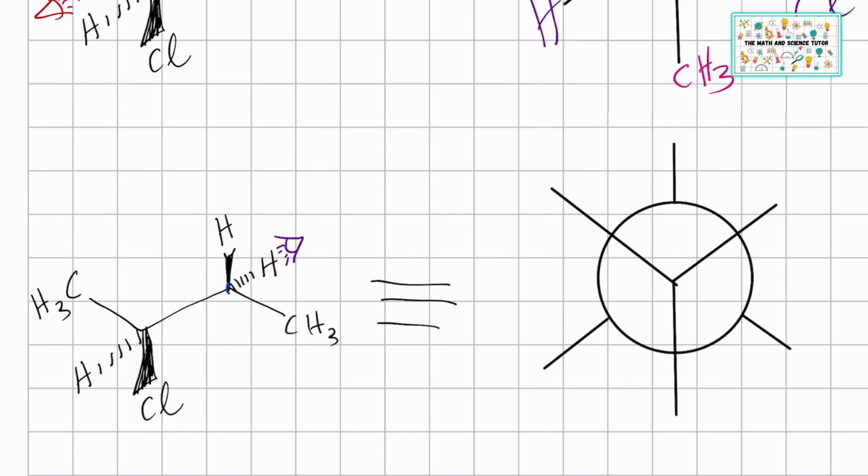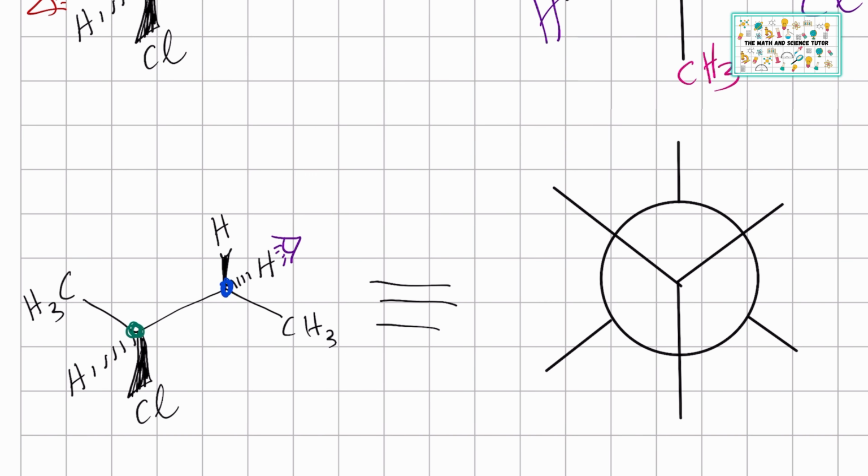So it's kind of the same thing. Here's the front carbon, here's the back carbon. Again, the methyl group is within the plane facing downwards.